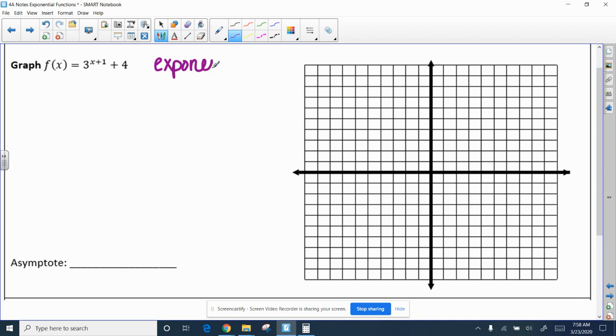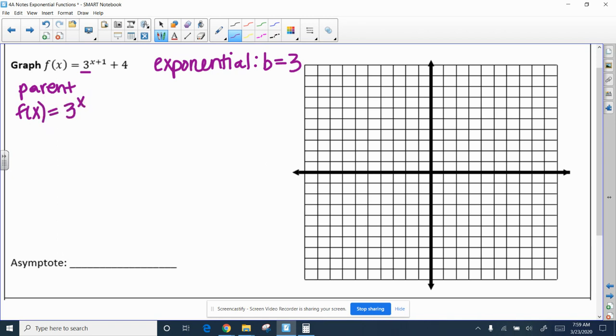So this one's an exponential function. In this case, the b is 3. So since the base is 3, this would be an exponential growth function. So our parent function here is f of x equals 3 to the x power.